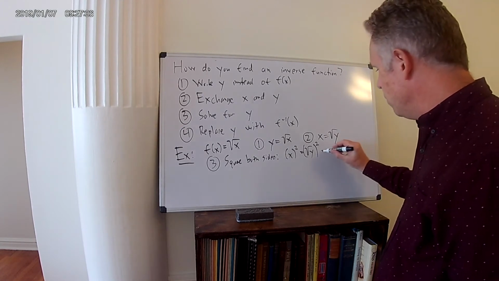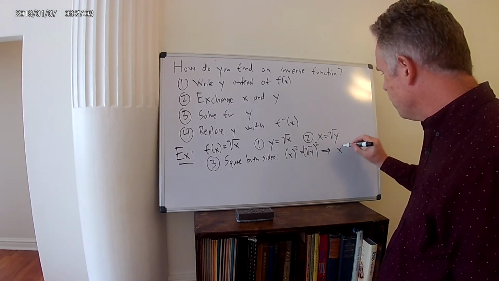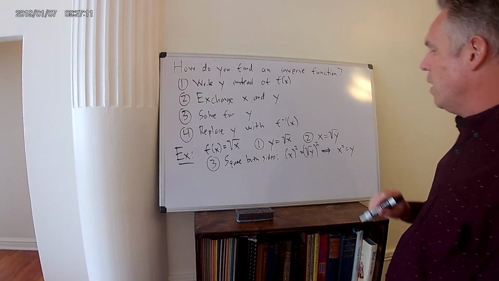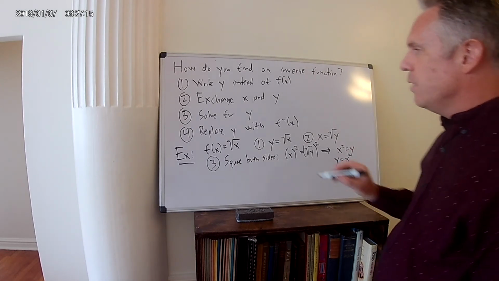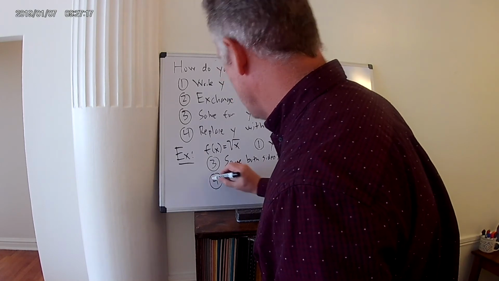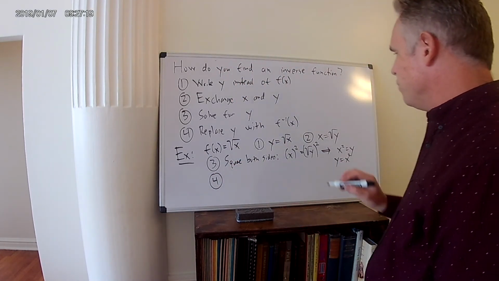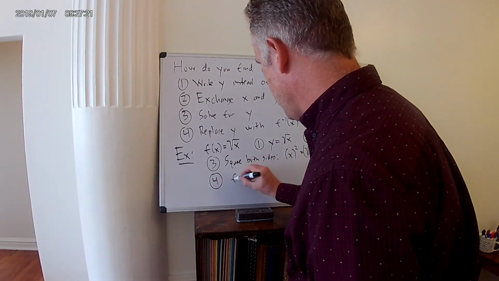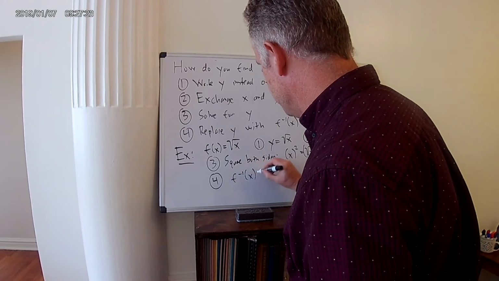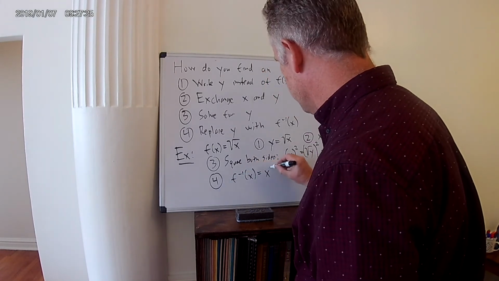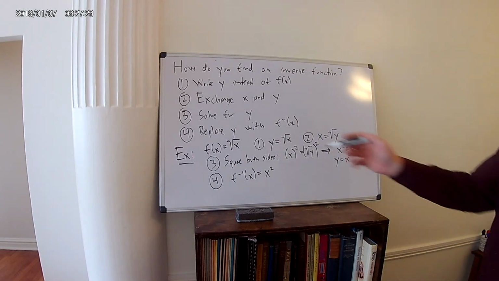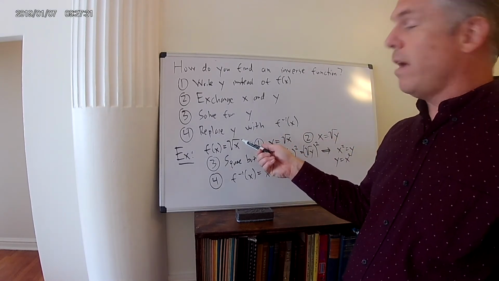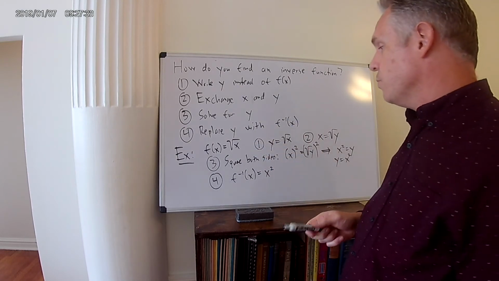So this leads to the equation x squared equals y, or y equals x squared. Doesn't matter the order I write that. Step 4 says I replace y with f inverse of x. So I write f inverse of x equals x squared. So this is the inverse function to square root of x.